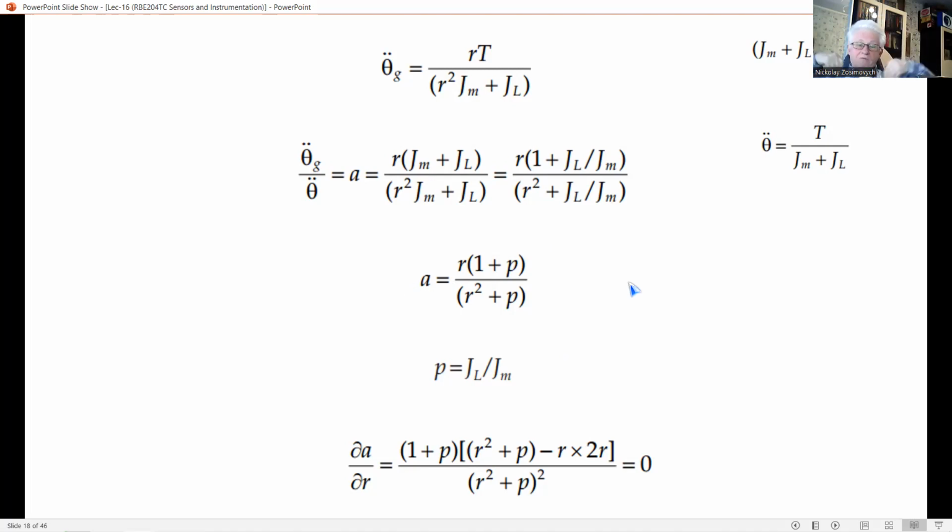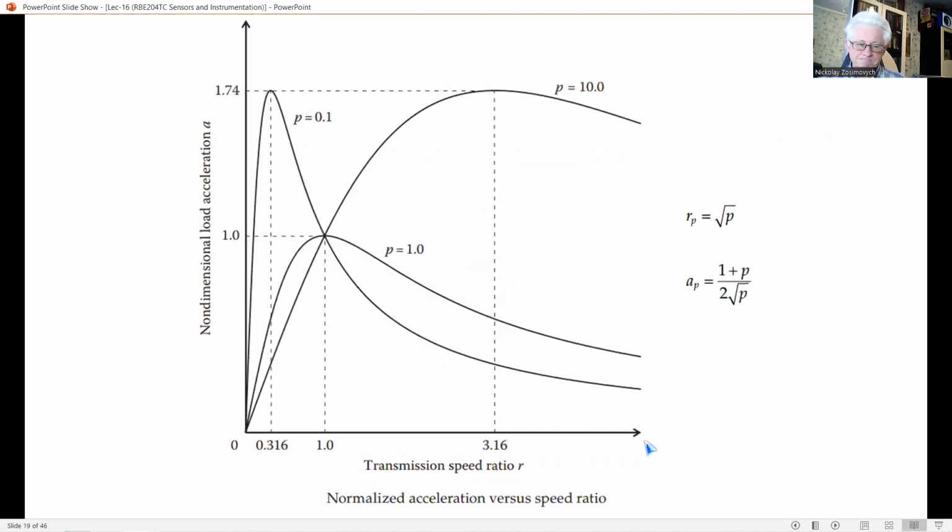The peak value is obtained through differentiation, which gives us dA over dR. We have this expression, and it should be equal to 0. By taking the positive root, we get the equation for R sub P, the square root of P, where R sub P is the value of R corresponding to the peak of acceleration.